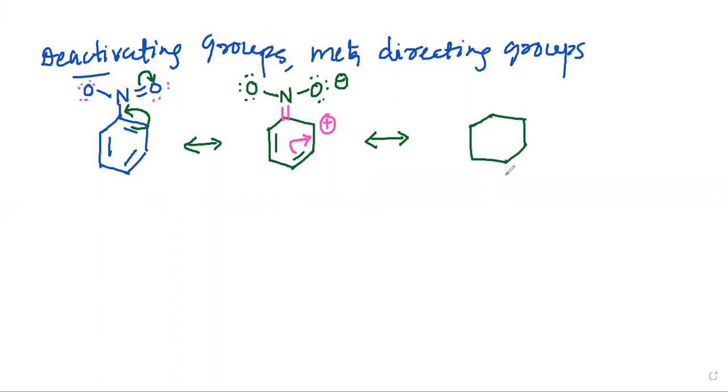Now in this case, the positive charge is generated on this carbon, and we have the double bond present on it. So you can have this double bond, then again a double bond here, then we have nitrogen, and oxygen which are bonded on it. So this is how we can have the negative charge produced on oxygen.